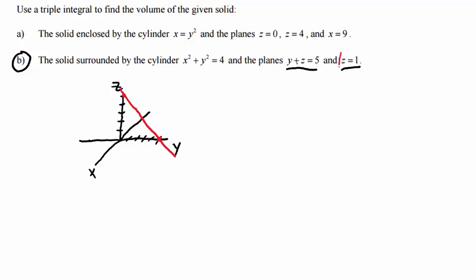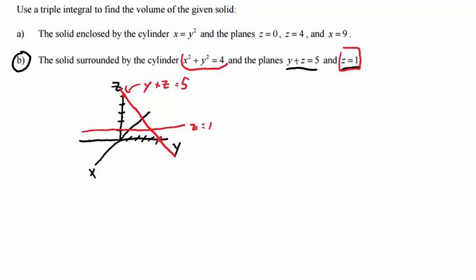I'm also going to draw z equals 1 in just the YZ plane. There you go. That's z equals 1 in just the YZ plane. And of course, this line is y plus z equals 5 in just the YZ plane. And then also there's the cylinder.